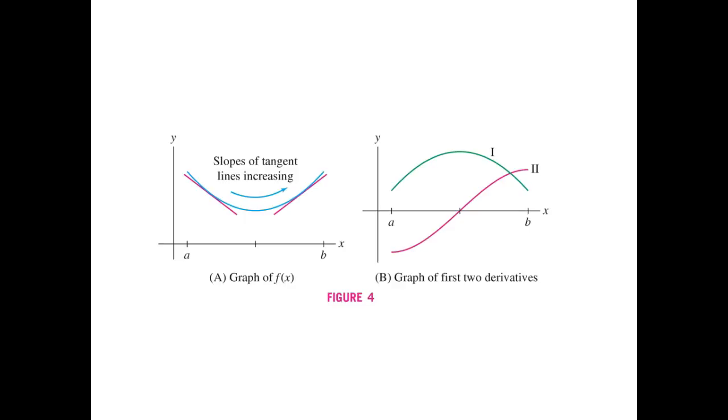Okay. First derivative would be measuring what? Slope of the tangent line. Now you're giving me the answer for second derivative. The first derivative is measuring the slope of the tangent line.